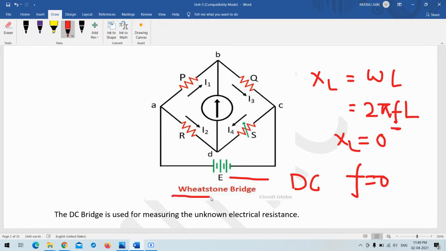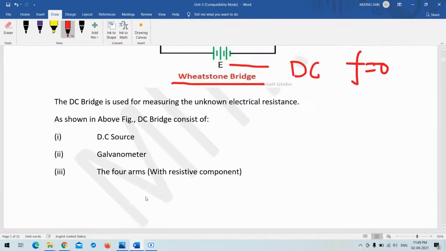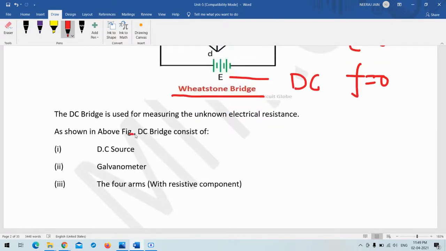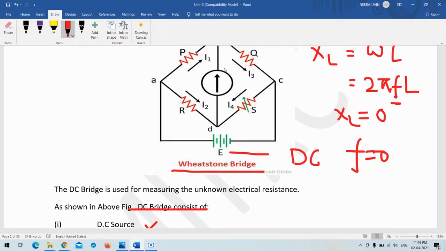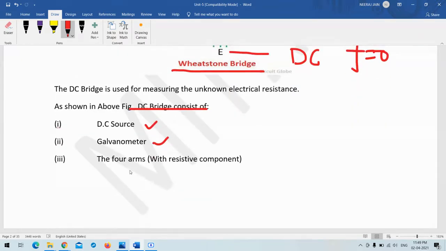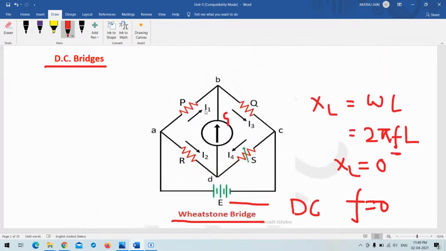A simple example of the DC bridge is the Wheatstone bridge. The basic components of the DC bridge are the DC source or battery, a galvanometer used as a detector, and the four arms with resistive components.